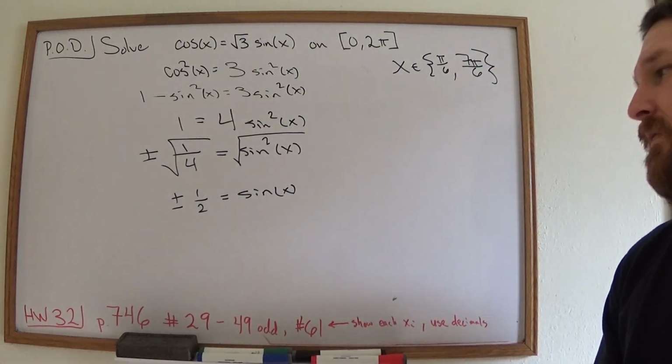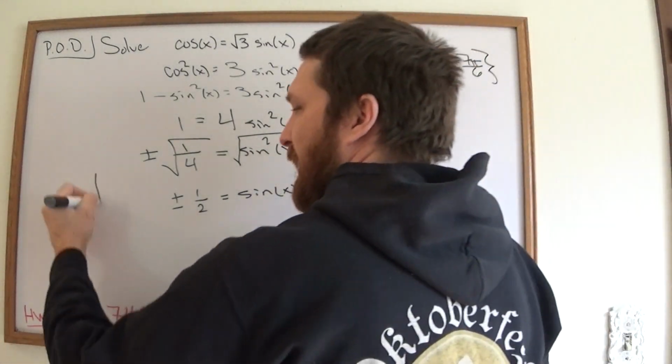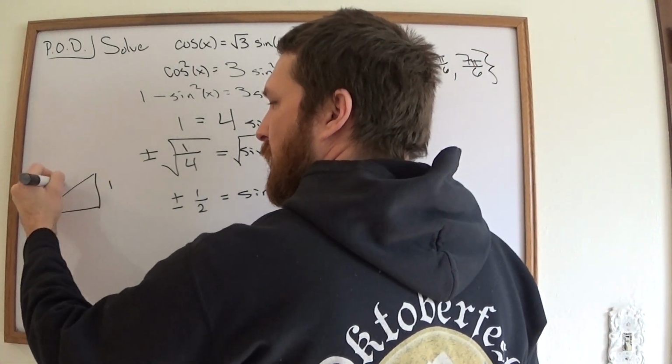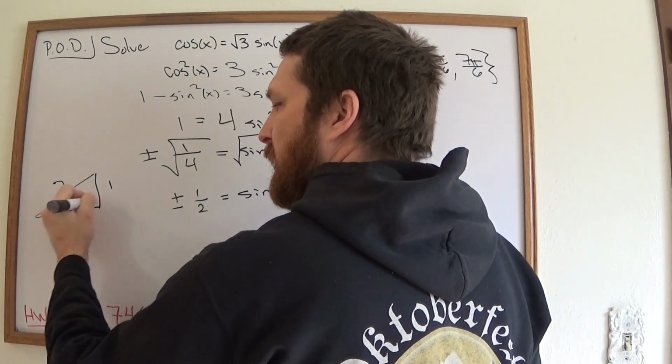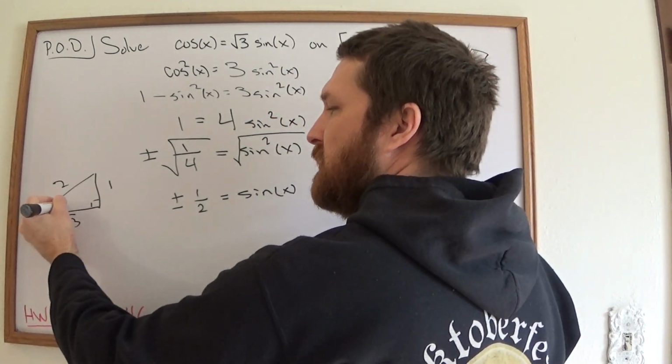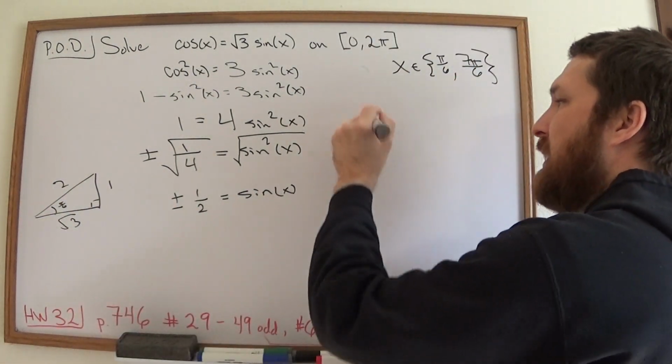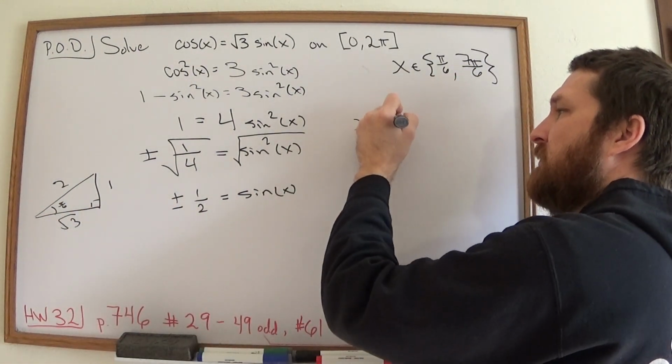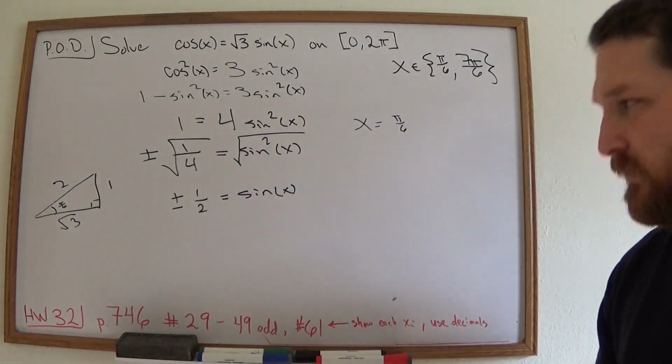So now you go to solve this. Well, immediately you see 1/2 and you see a sine, and so you go 1, 2, root 3. Sine is opposite over hypotenuse, and so one of the x's should be pi over 6, right? Just like before, which is true.